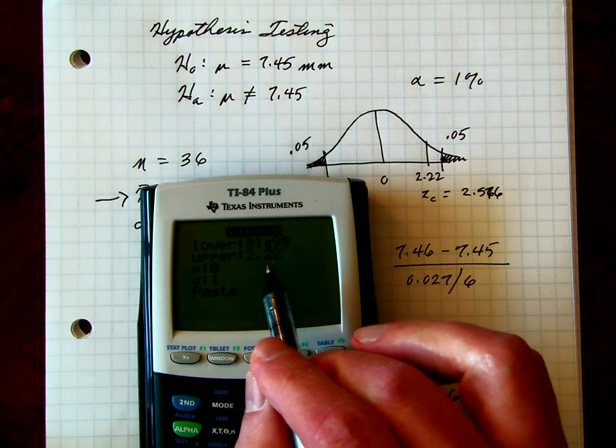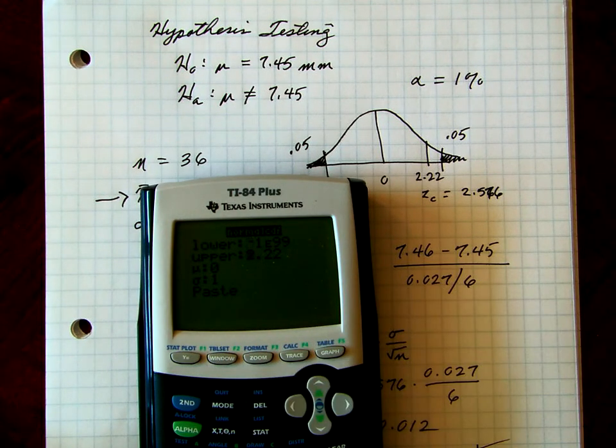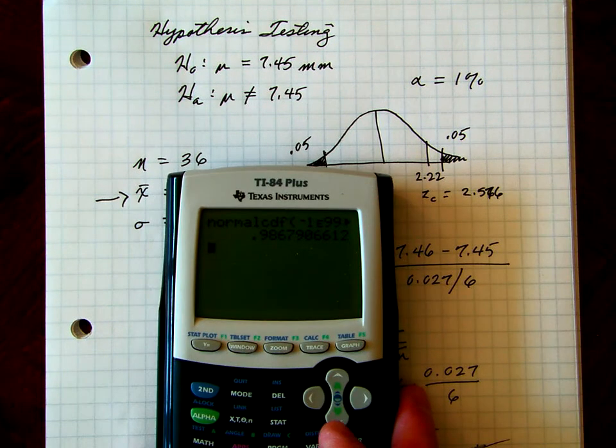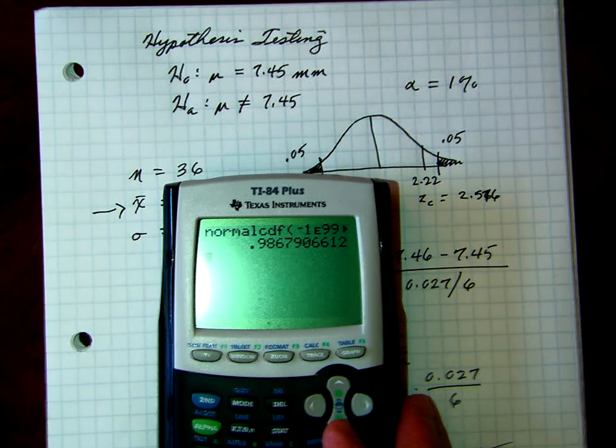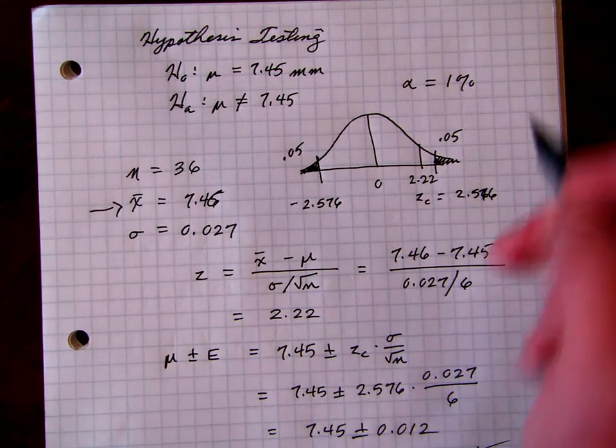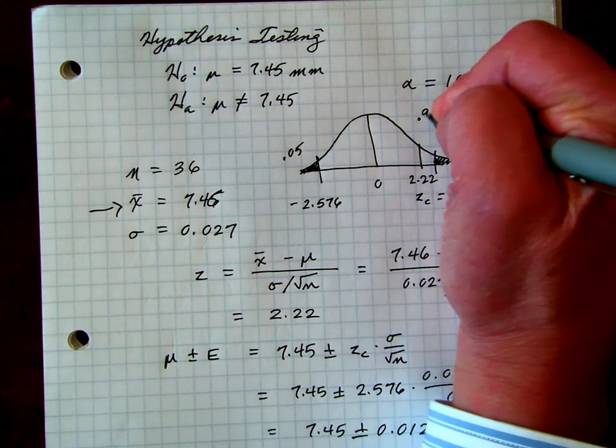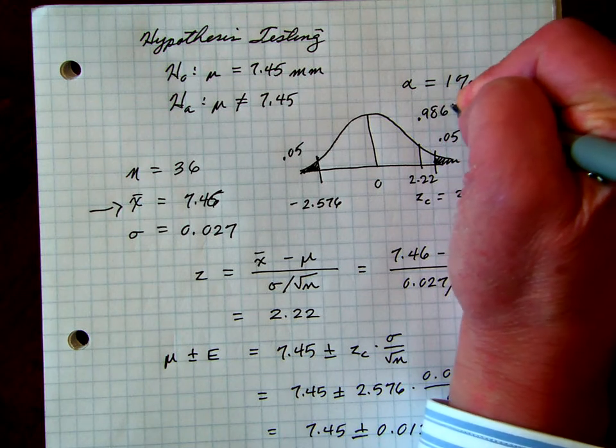And for the upper range of 2.22 on this distribution, I find myself looking at 0.9867, okay? So, 0.9867.